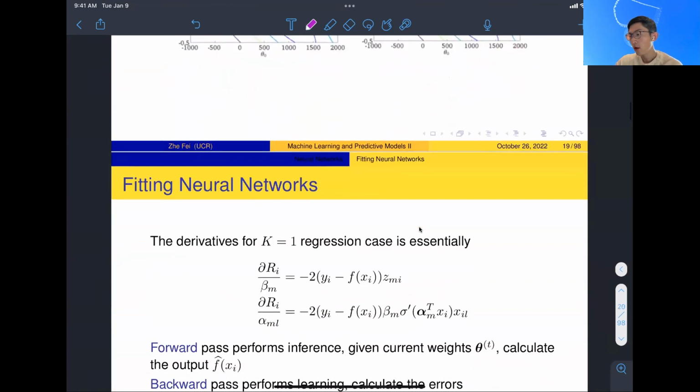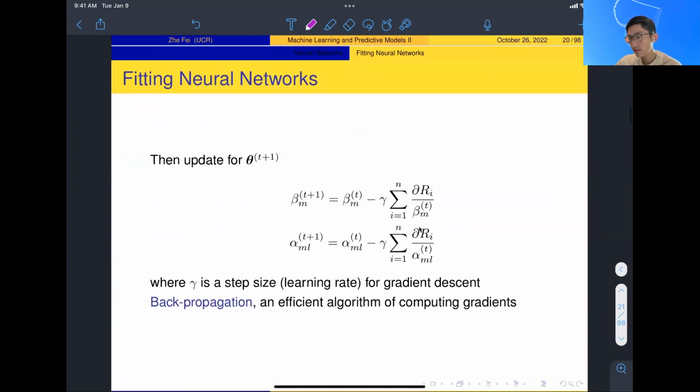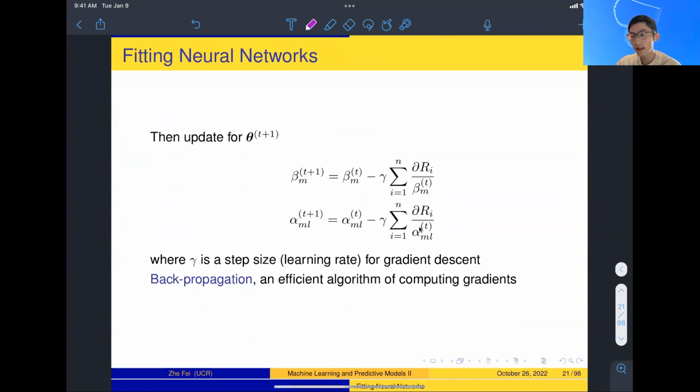Okay, so there are some more details regarding how we calculate the gradients, and it describes the iterative algorithm for how we update our alpha and beta, the model parameters. They are quite technical, but the idea is, you see here, we update our alpha and beta from step t to step t+1.